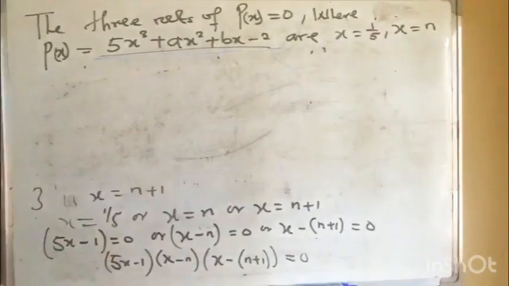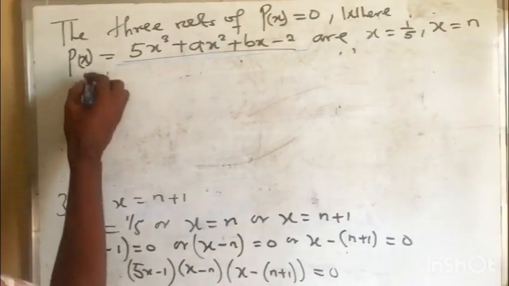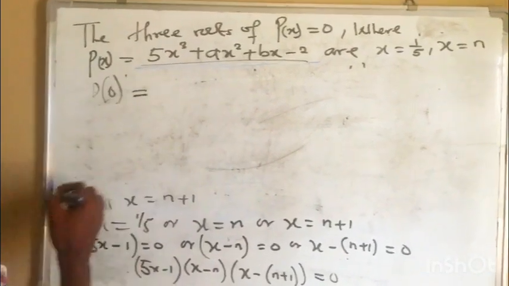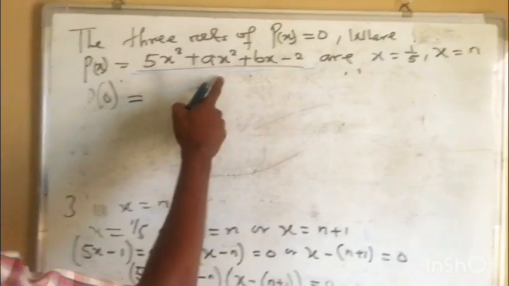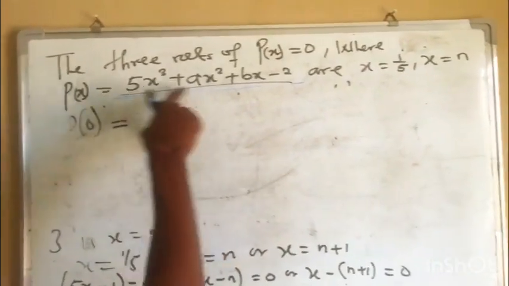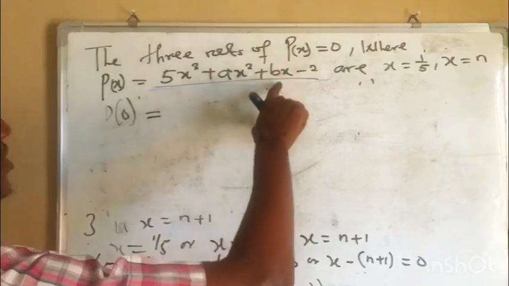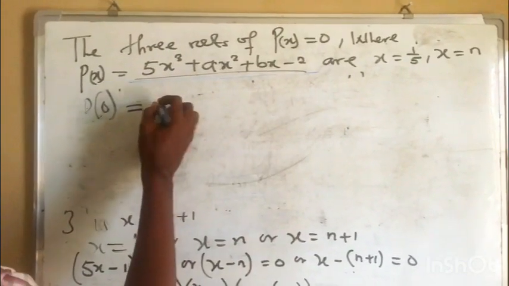In this polynomial, if you put x equals 0, what do we arrive at? The other terms become 0, 0, 0. That means our p of 0 is minus 2.